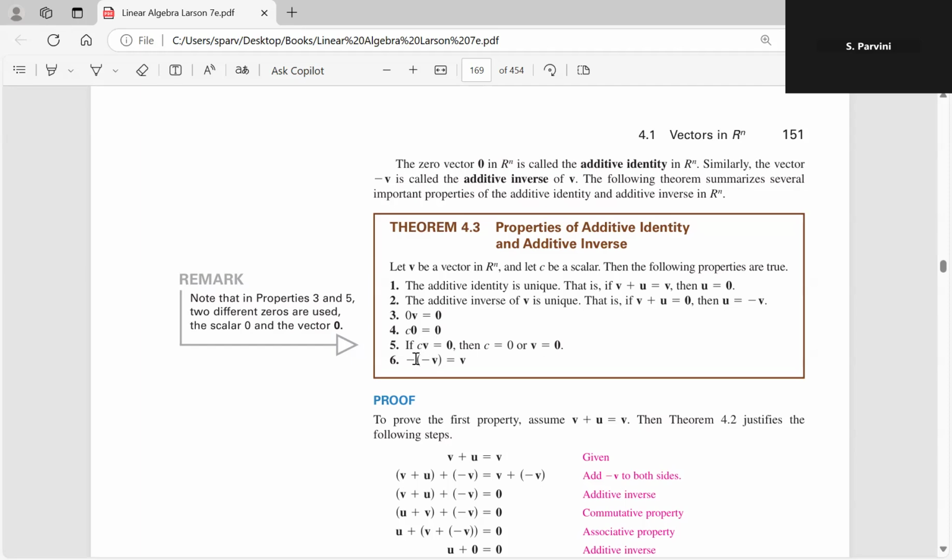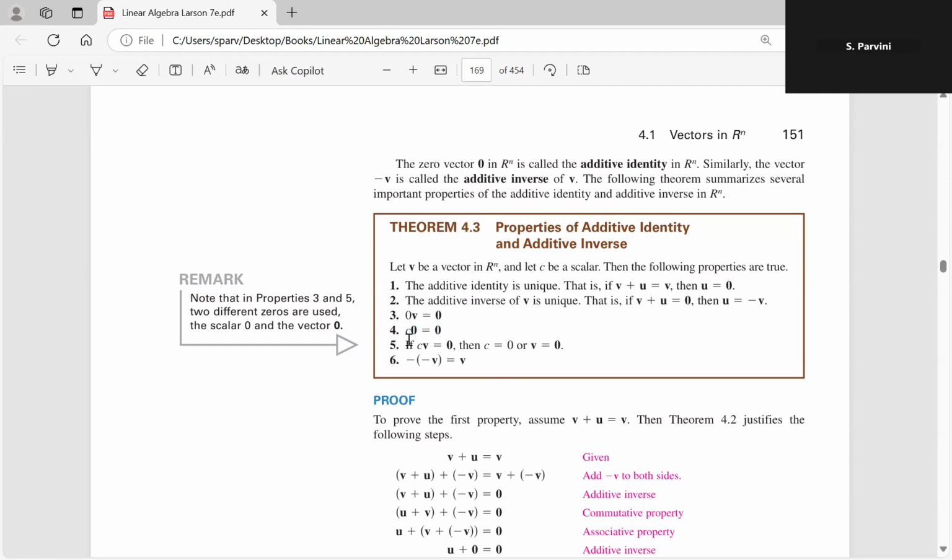Number 5, c is a scalar, v is a vector. If the product of scalar c times vector v is 0, then two things must follow. Either c is 0, so that 0v becomes 0, that's item 3, or if c is not 0, then vector v must be 0, so property number 4 holds. You see that one?